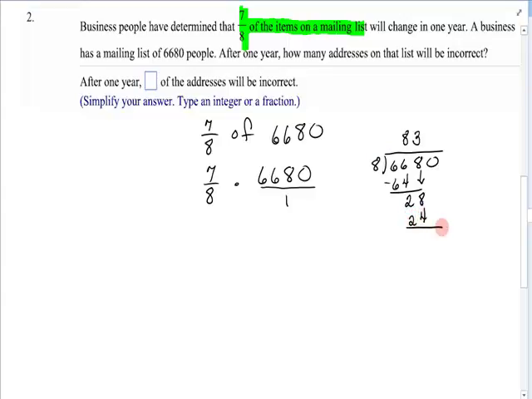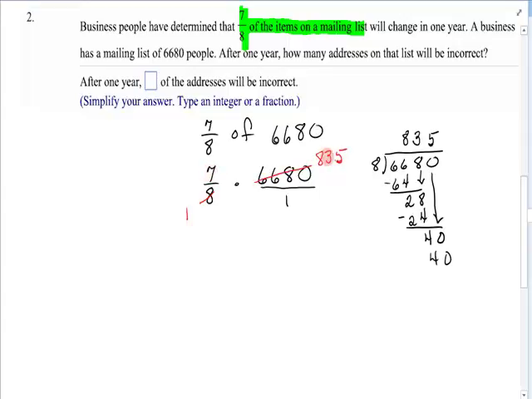This is when your multiplication facts are crucial. Subtract, you get a 4 and bring down the 0. 8 goes into 40 5 times. So I had to do a little work, but I do see that 8 goes into itself one time. And because of my division over here, I know that 8 goes into 6,680 835 times.